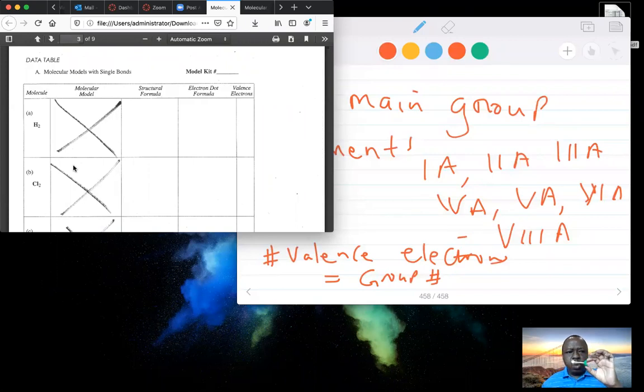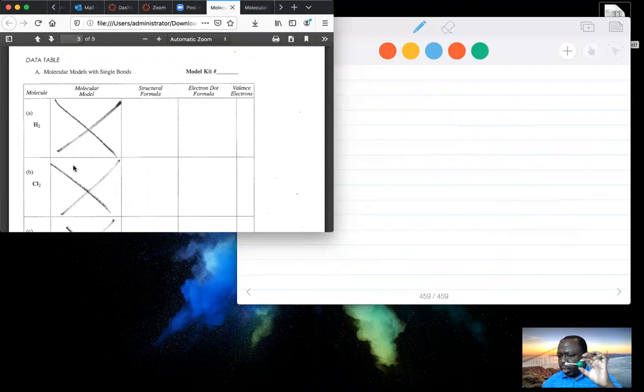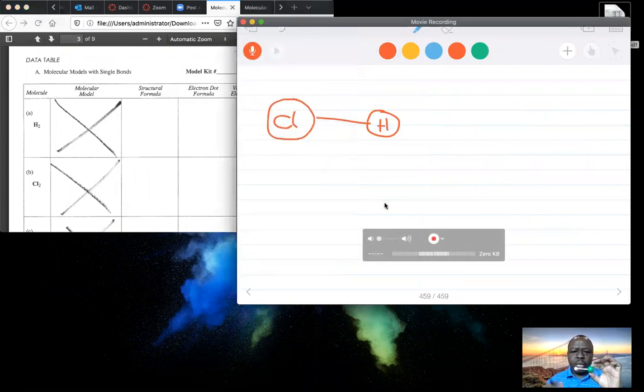If I was to do that for HCl, I'm just going to write chlorine, circle that, and then join hydrogen up to that. Since you don't have the model, this is what I have on my whiteboard. This is green for chlorine and white for hydrogen. So if you are in the lab, you could see that this is green.